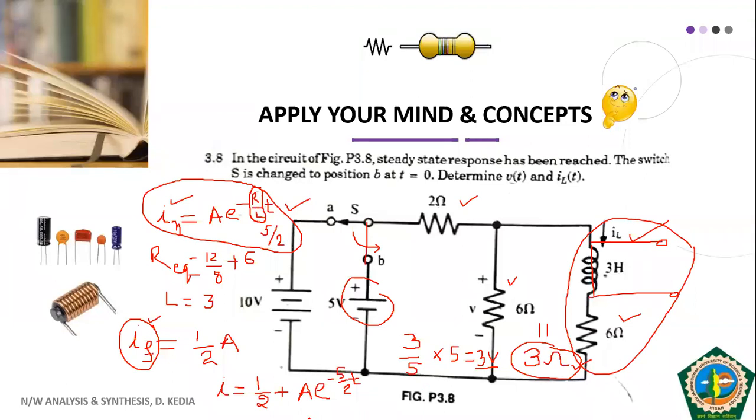Dear students, in the earlier questions we came across zero initial conditions, but in this circuit our initial conditions were not zero. So if you put in the initial conditions, the situation will be a bit different. Let us put t equal to 0.